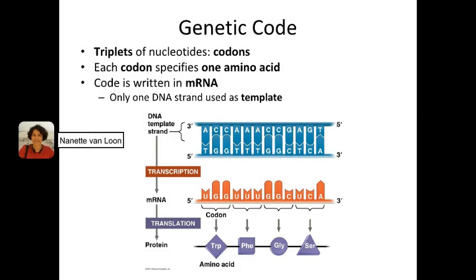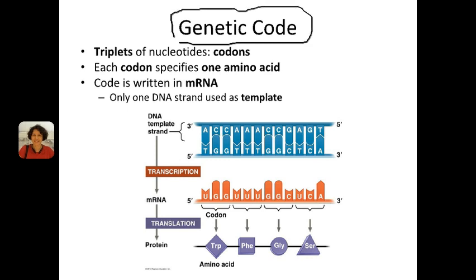In the step of translation, when we're going to be changing from messenger RNA to protein, we're going to use a set of information that is known as the genetic code. In other words, the information in the messenger RNA needs to be interpreted to make the protein, to make the polypeptide chain.